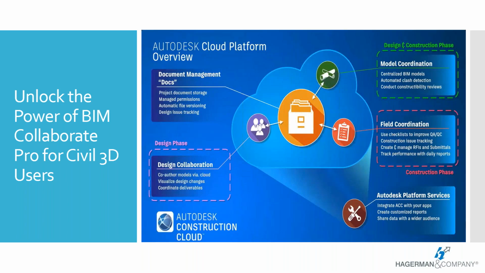Now we also have model coordination. Now model coordination comes into play if you're going to utilize multiple teams. Basically what you'll do is, according to the way that it's set up, each team will have its own dedicated space. So they can collaborate amongst themselves.